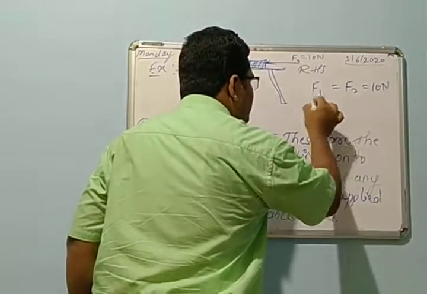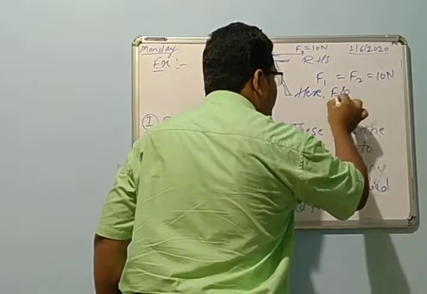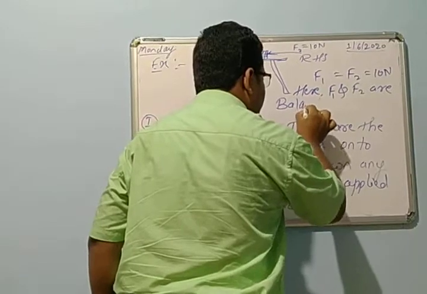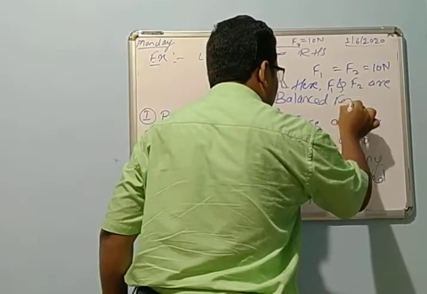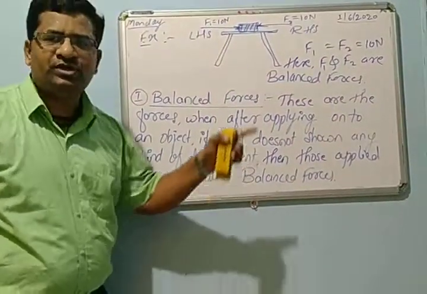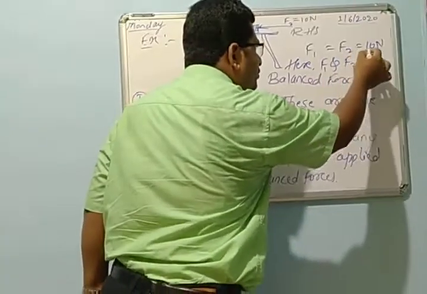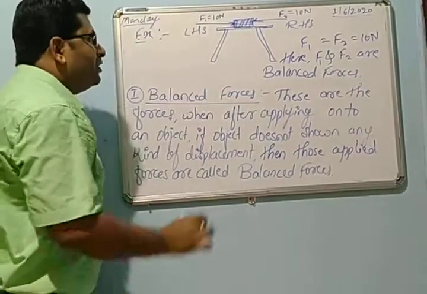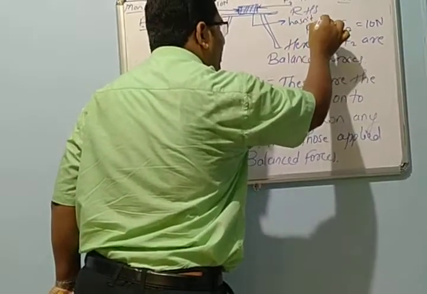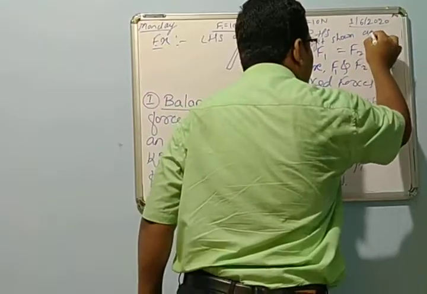Then F1 and F2 are balanced forces, just because F1 is equal to F2 is equal to 10 Newton, and the block has not shown any displacement.